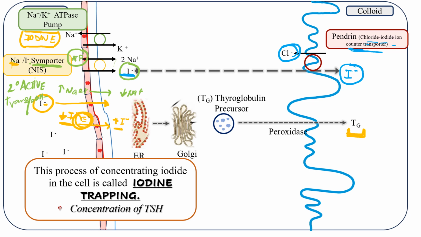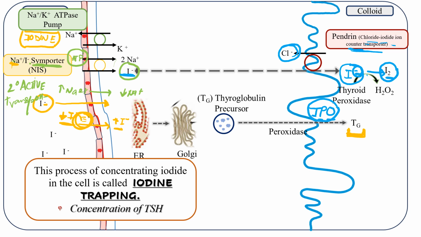So now we have a very interesting enzyme called TPO, which is your thyroid peroxidase enzyme. This thyroid peroxidase enzyme kicks off the negative charge of the iodide and converts it into a neutral iodine molecule, that is I2.